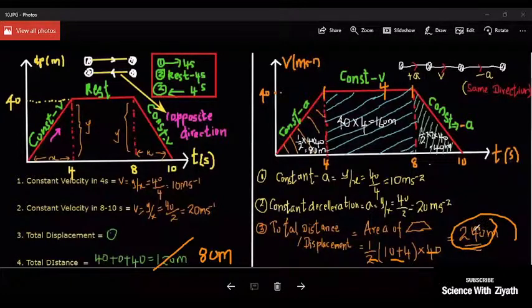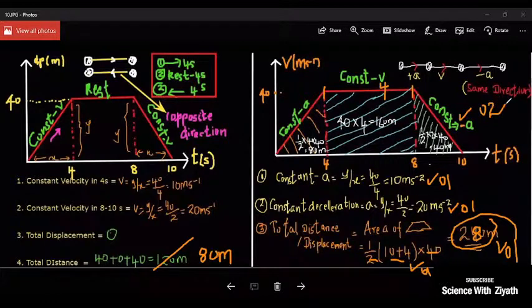What's the answer? 280. Look, they will give marks here, 1 here, another 1, this one for 1, and this one for 1 or 2.